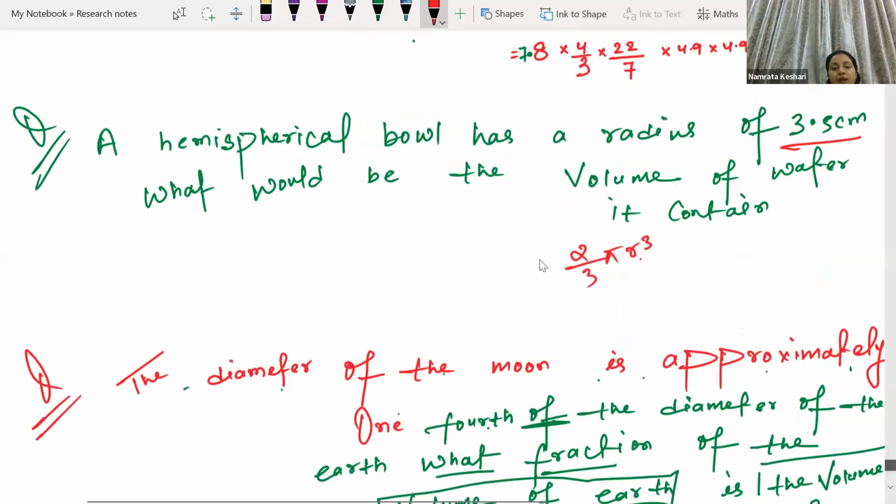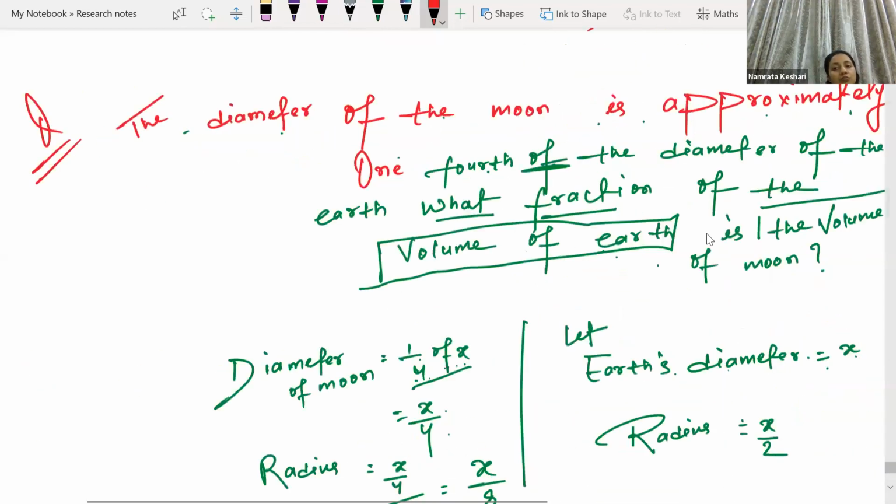We have to find what fraction of the volume of Earth is equal to the volume of Moon. The volume of Earth is bigger than the volume of Moon. We know in real life also that the Moon is smaller than Earth, right?